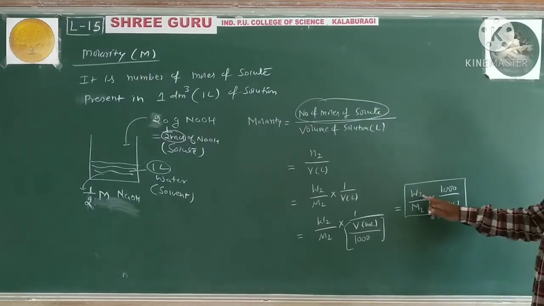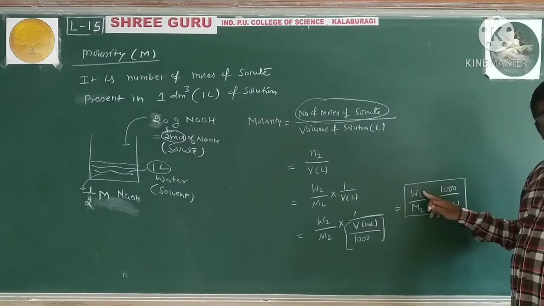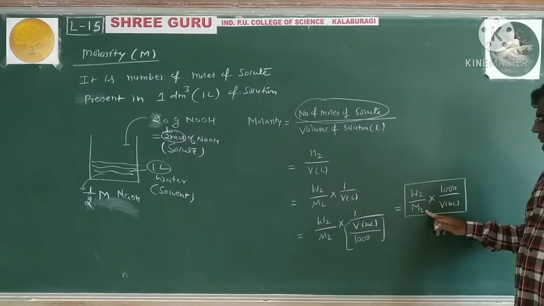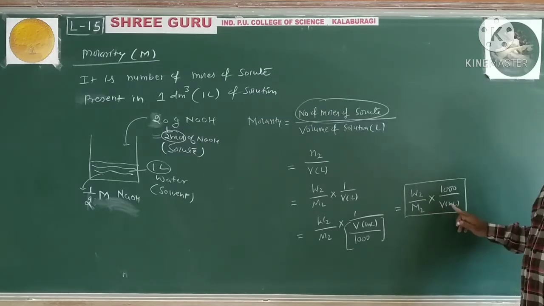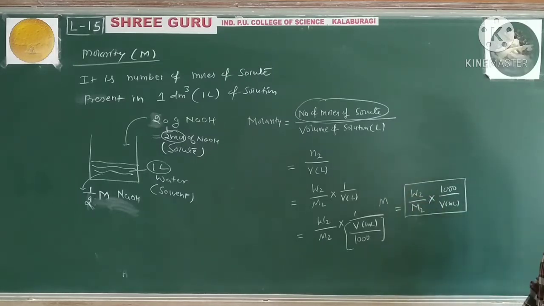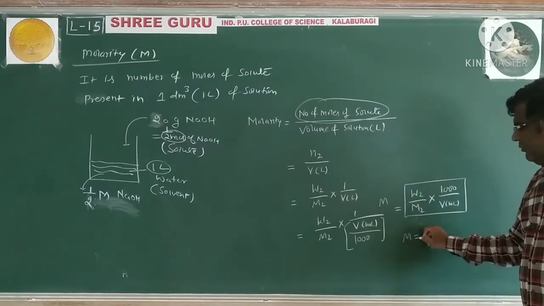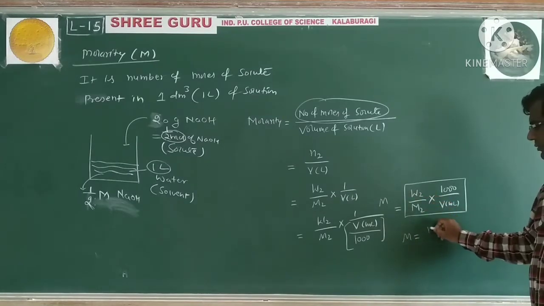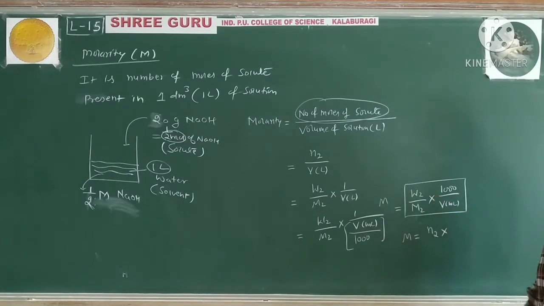What is this W2? It is the mass of solute. M2 is the molar mass of solute. V is the volume in milliliter. That is the formula of molarity. We can write this formula alternatively for this W2 by M2. If the number of moles is given, n2 is the number of moles of solute, times 1000 by volume of solution in milliliter.